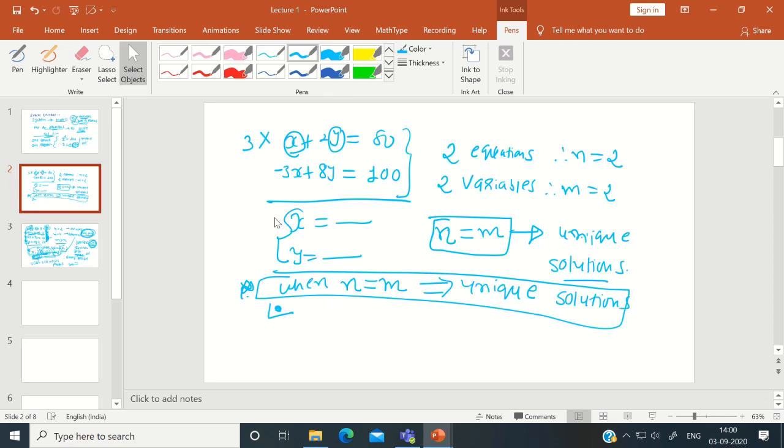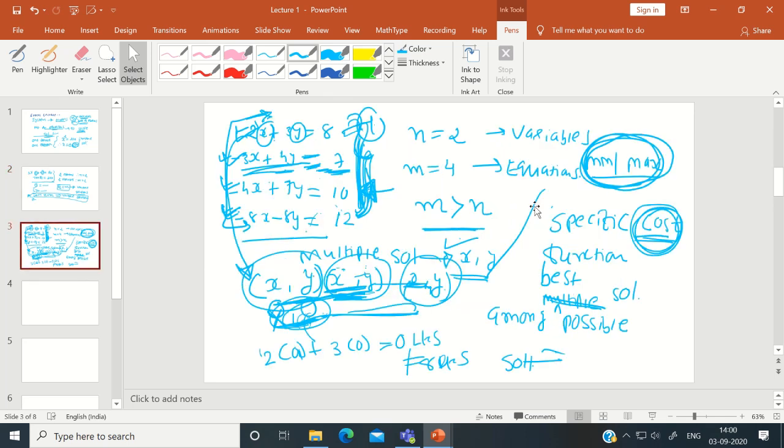See the second slide. Our aim was to find the solutions of the equations, and in that case, n is equal to m, so we obtain the unique solution. But in this third slide, m is greater than n.